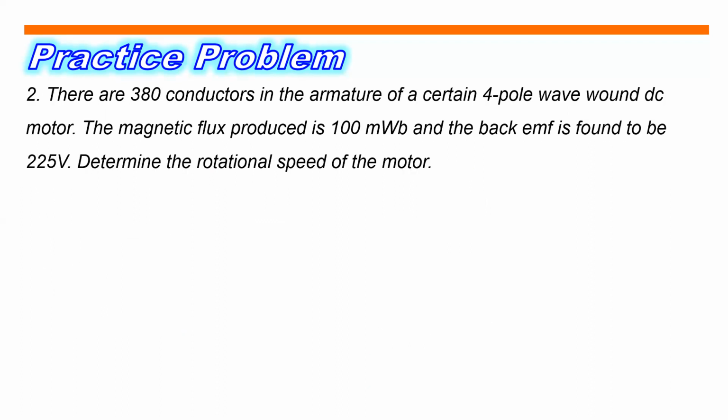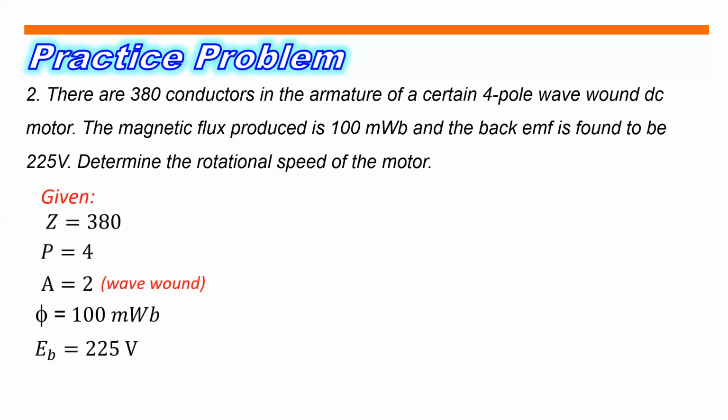Practice problem number 2. There are 380 conductors in the armature of a certain 4-pole wave-wound DC motor. The magnetic flux produced is 100 milliweber, and the back EMF is found to be 225 volts. Determine the rotational speed of the motor. So again, let's write all the given.